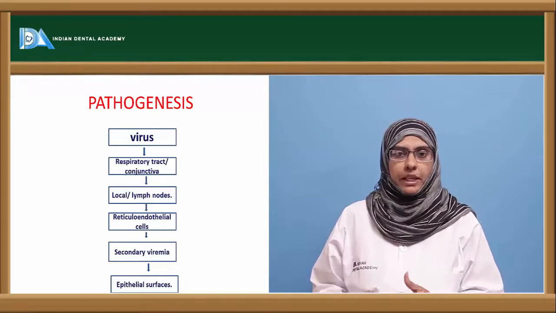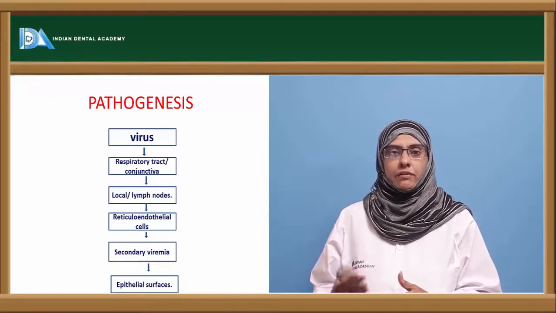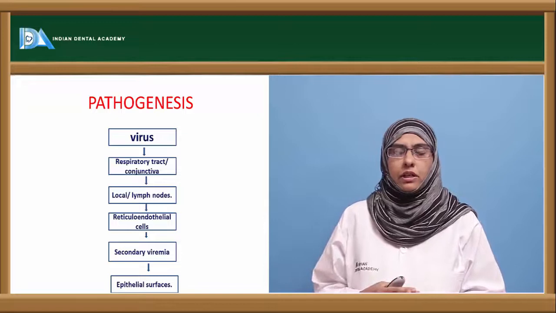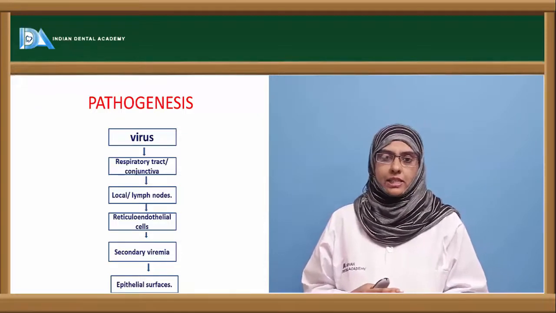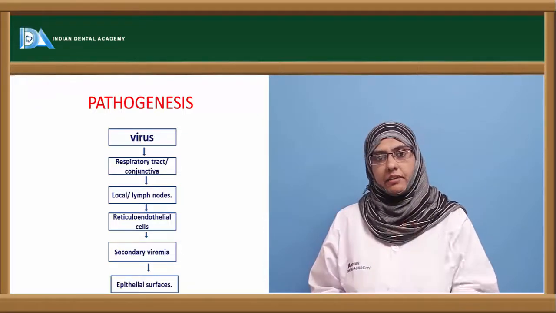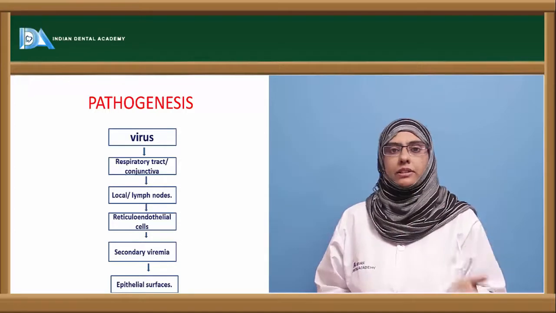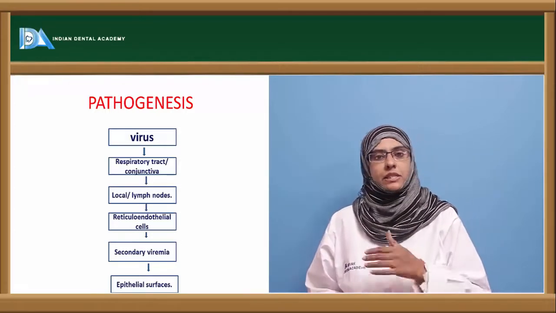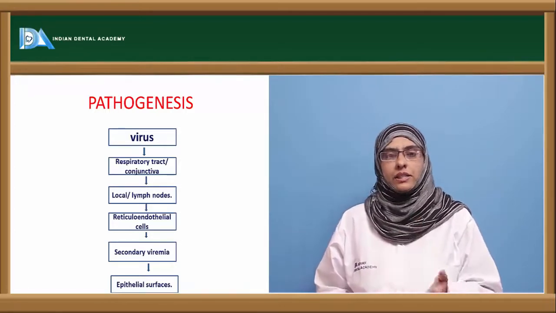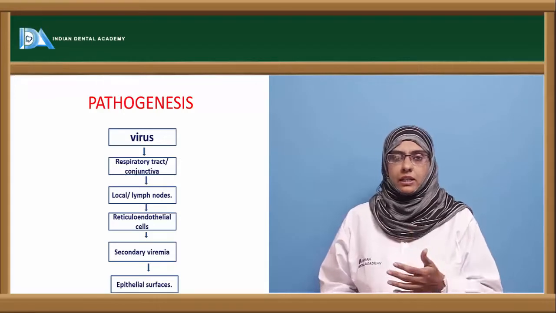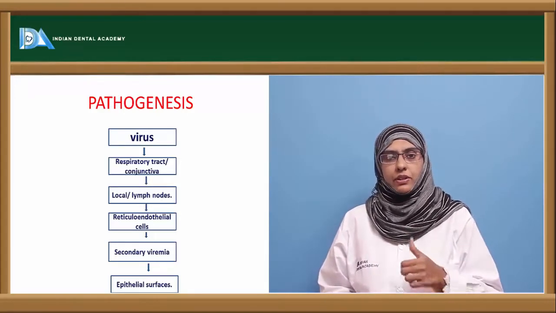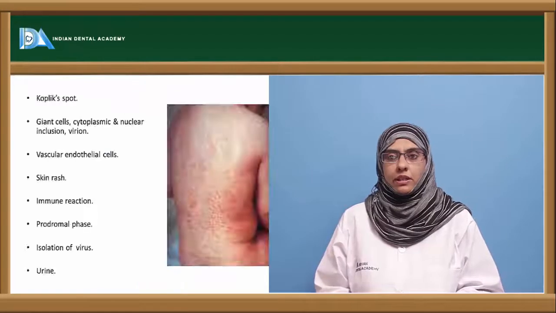When they replicate, there is a primary viremia where the organisms are carried to the reticuloendothelial cells, after which there is a secondary viremia which carries the viruses to the epithelial surfaces such as the skin, the conjunctiva, or the other secretory areas, where you can see the excretion of this organism.